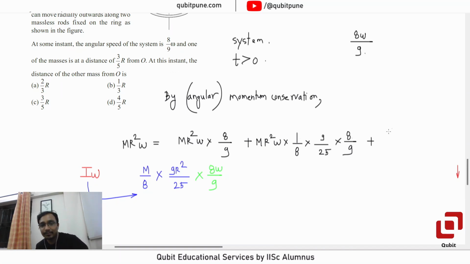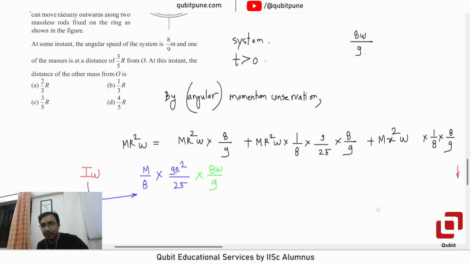Plus, the other object also has mass M by 8. We don't know its distance, so let's call it x. And its angular velocity is 8 omega by 9.